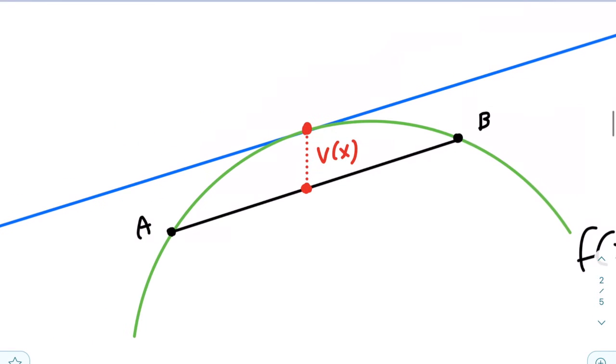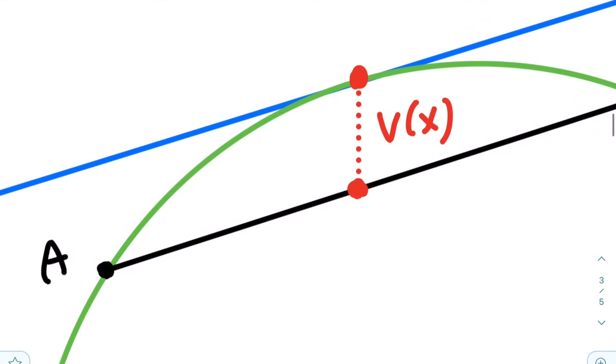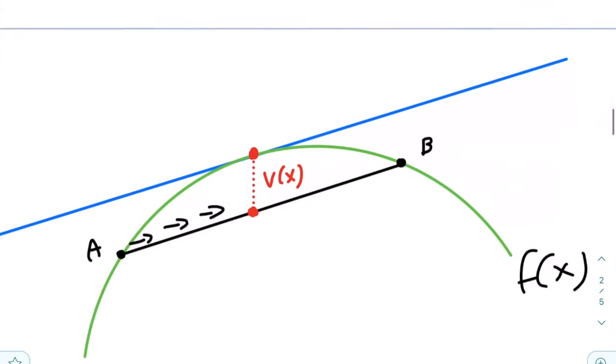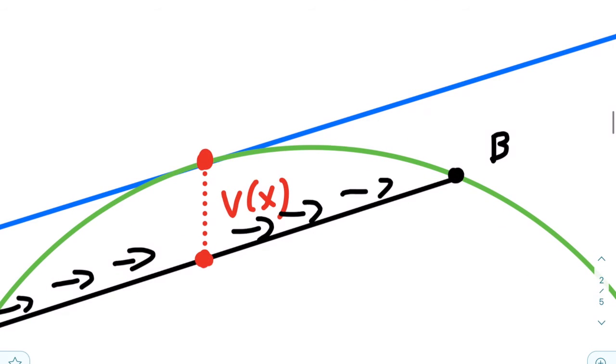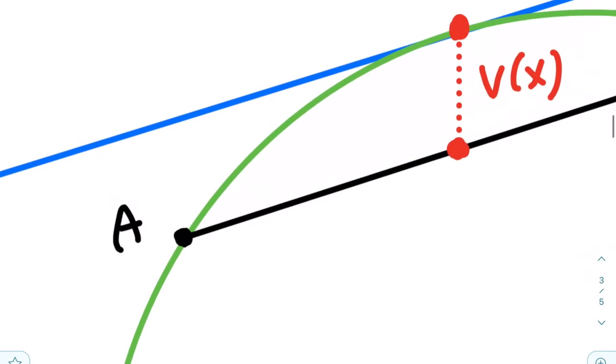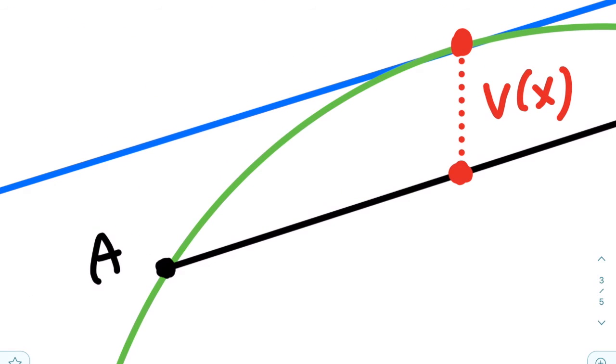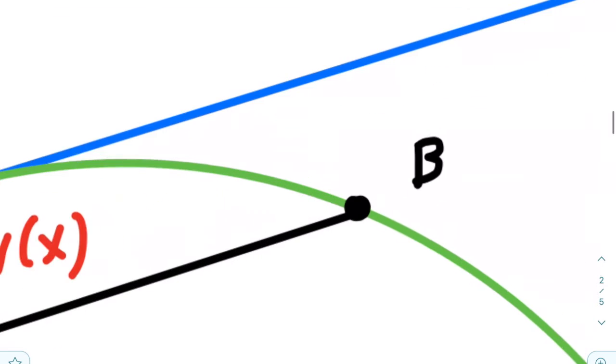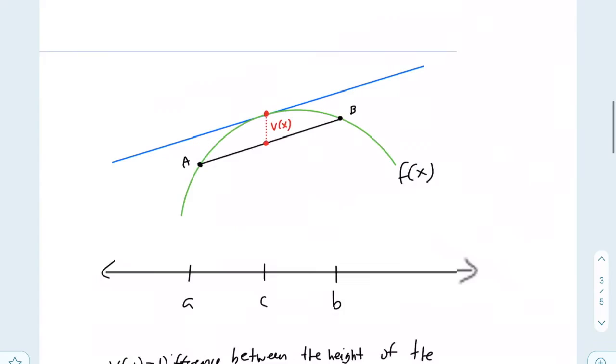As you can see, v of x is going to increase as it's moving along, and then it's going to decrease after it passes that maximum point. Okay, and it's also important to note that at this point a, v of x is 0 because the difference between them is 0. They're literally on the same point. And the same thing is true for b.